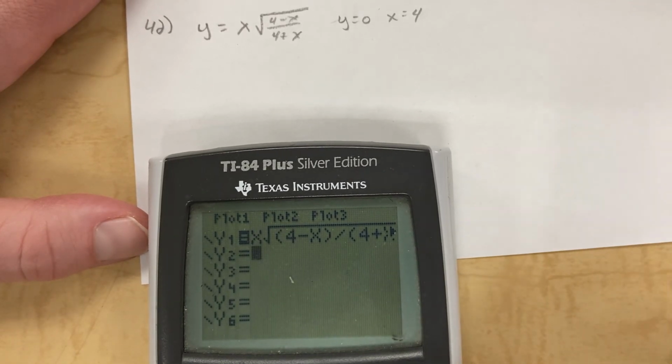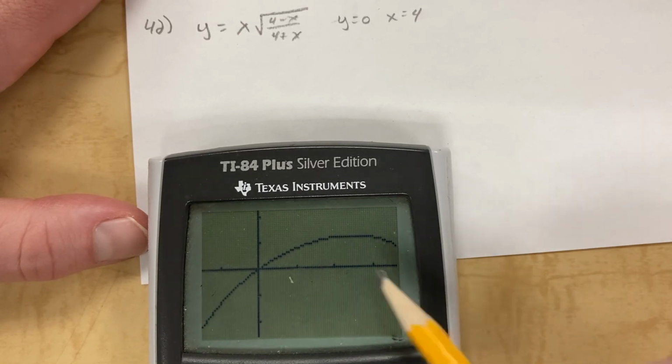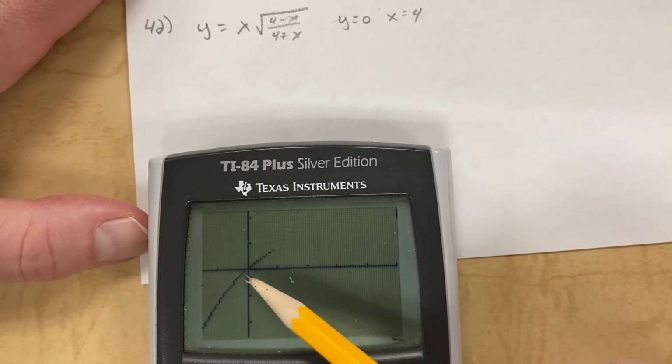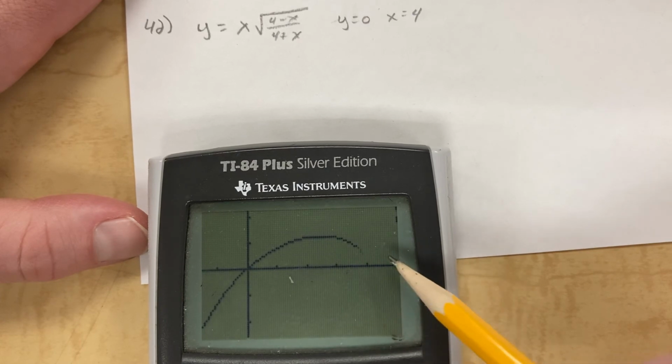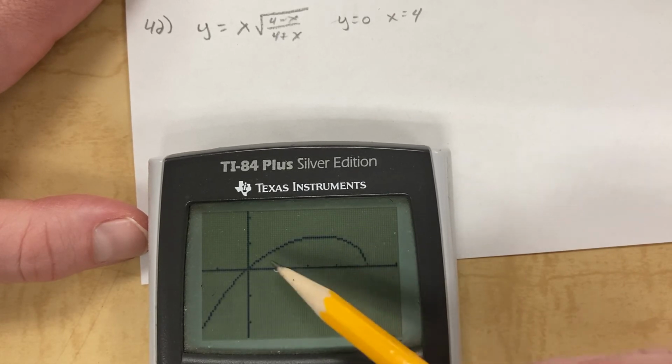Let's see if we can kind of get a visual on this here. I hit graph, and we're told to just use from here. Let me go out a little bit. Let's say we go out to 5. All right, so here it comes up. It starts here at 0, 0, and it finishes off at 4. So this is from 0 to 4, and we get a pretty good picture of it right there.